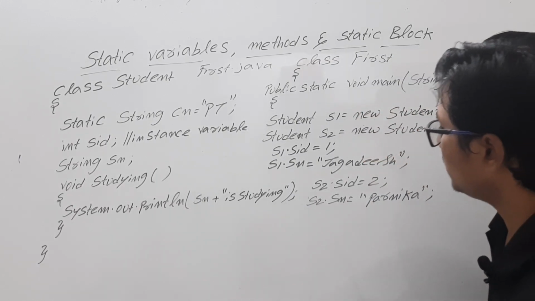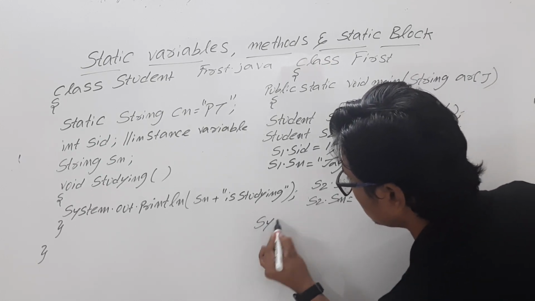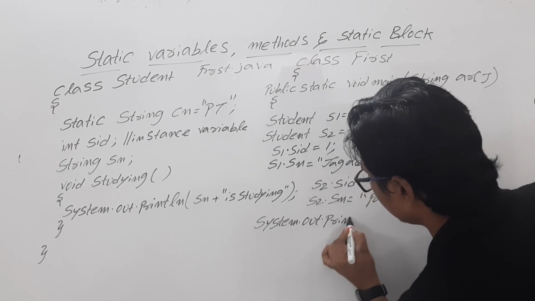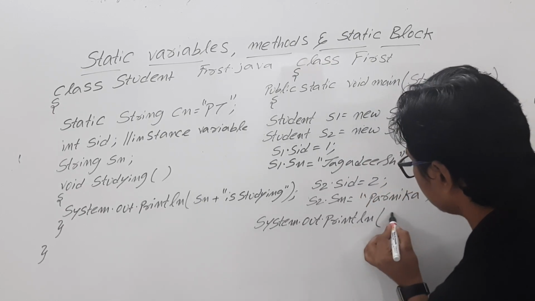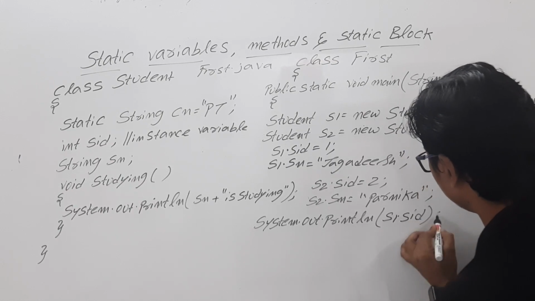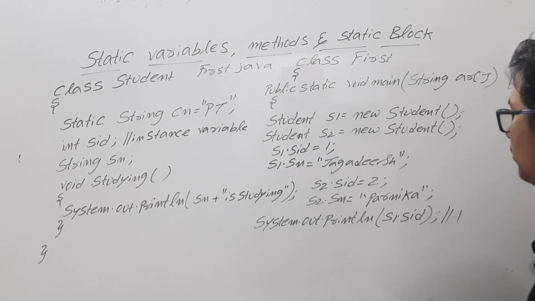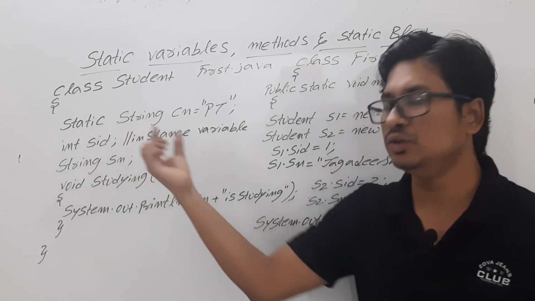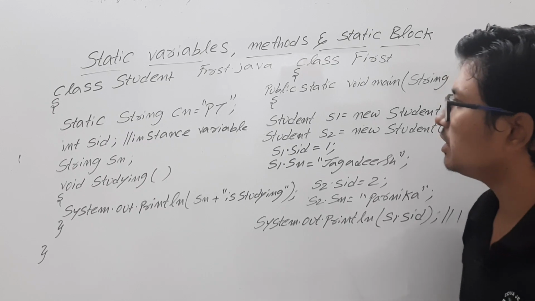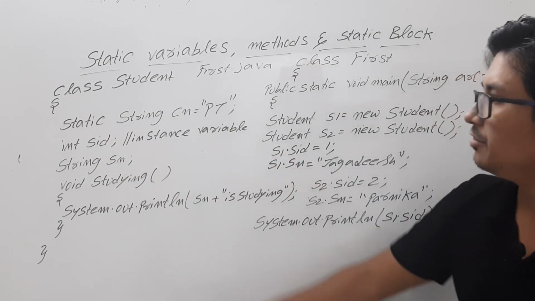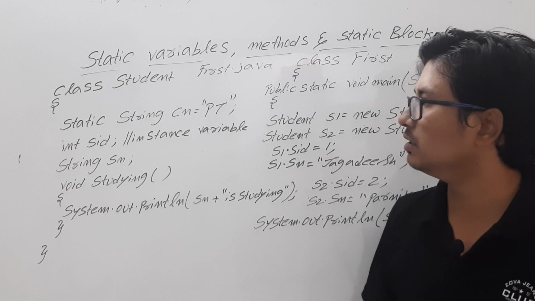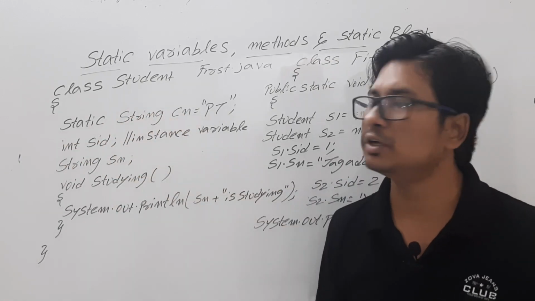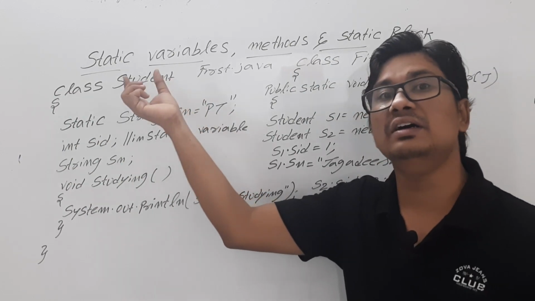Now look at here. If I write System.out.println, if I write s1.sid, you know that we will get the output as 1, because you want to access the instance variable called sid using the object. Similarly, if I want to access the static variable, because this cn, college name cn, is a static variable, you can access it with the help of the class name.